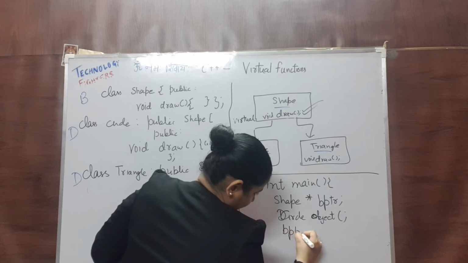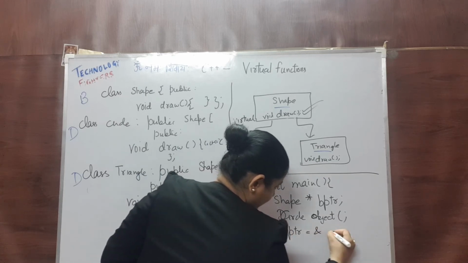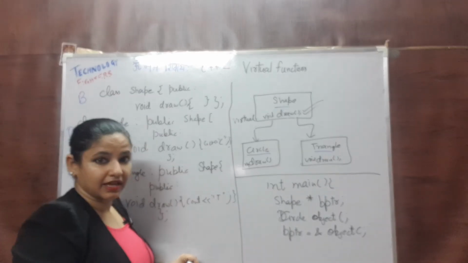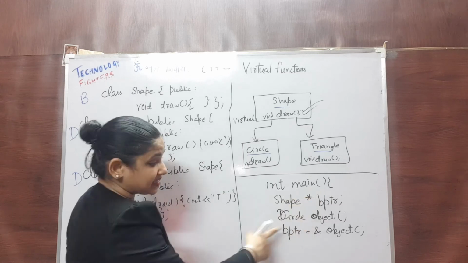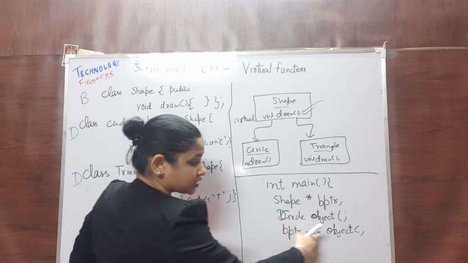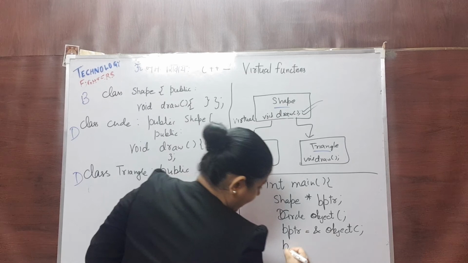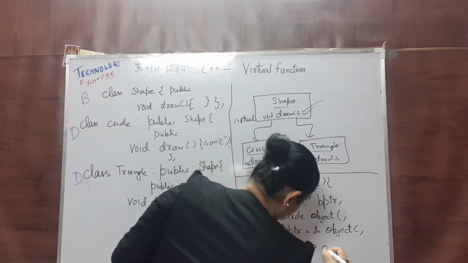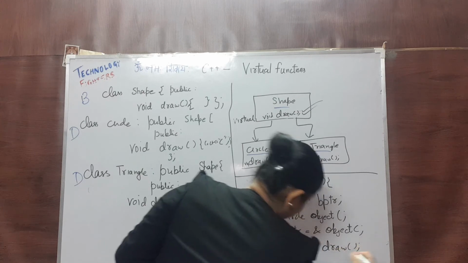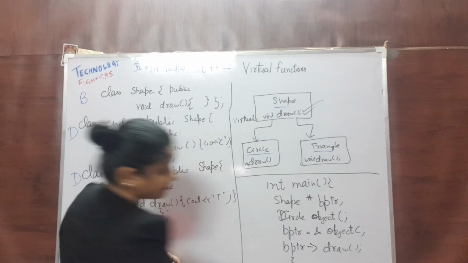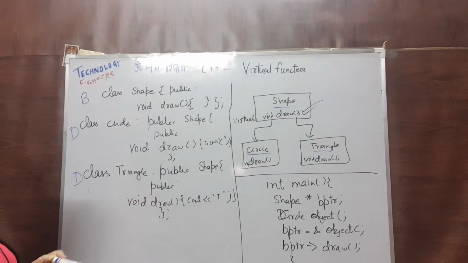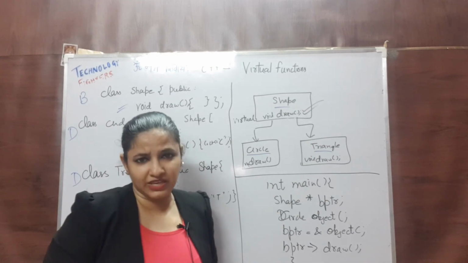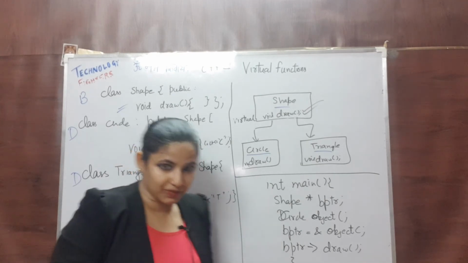When bptr is assigned the address of object c, and if I call the function draw, which one is executed? Shape's. Why? Because we have not added the virtual keyword, so it will behave normally.